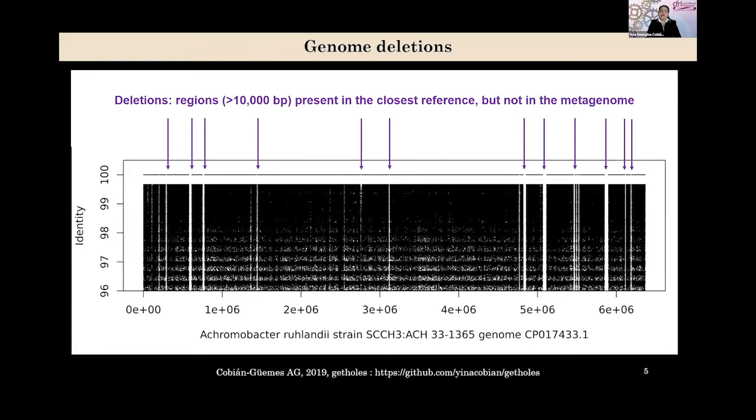We studied the four exacerbations that I show you by sequencing the total DNA metagenomes present in the sputum and also by sequencing the genomes of the clinical isolates of Achromobacter. So we were able to identify the specific parts of the genome that were different between the Achromobacters growing in the sputum and the Achromobacters that are present in the databases. Here on the x-axis, we see the genome of Achromobacter roulanderi, and this strain is in the reference databases.